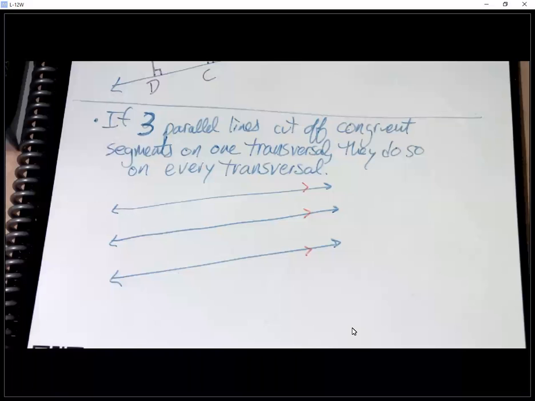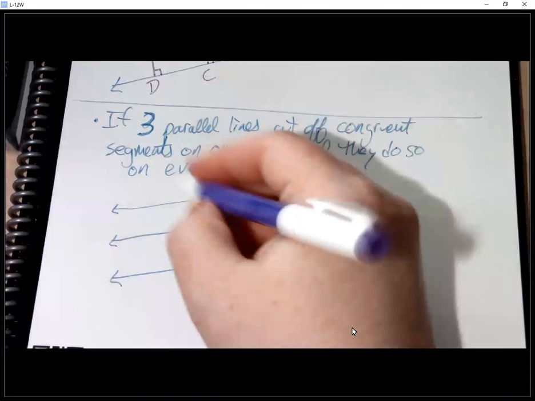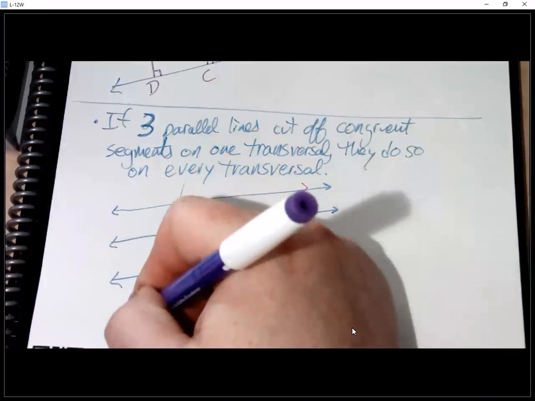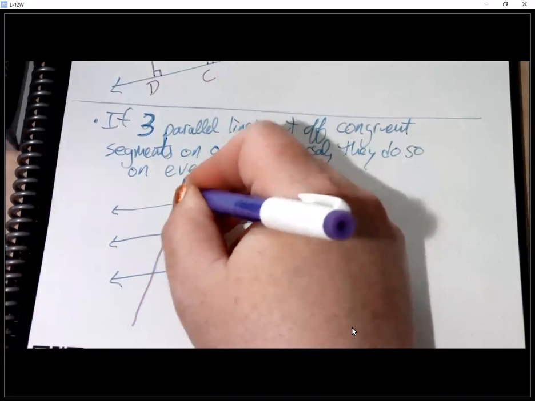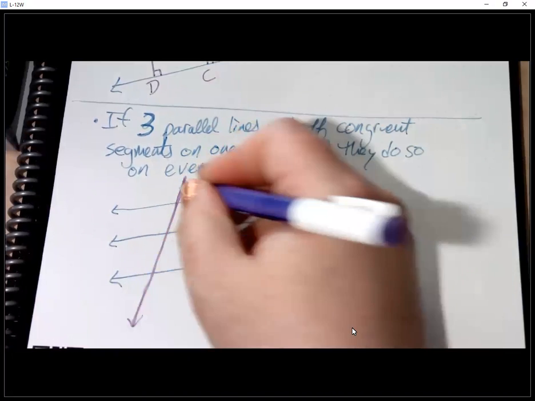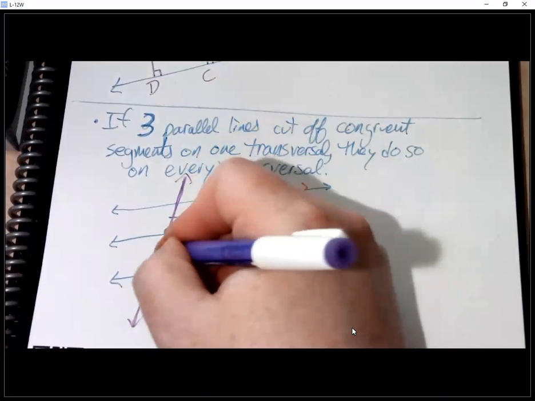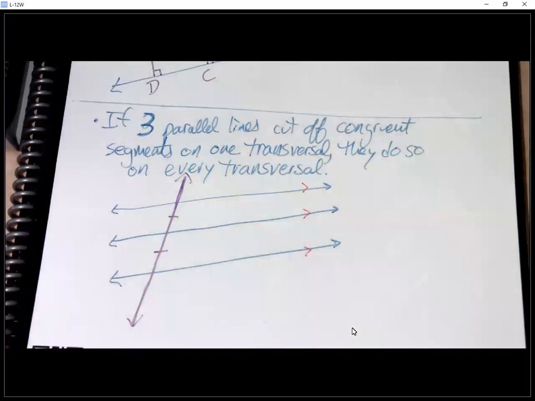And now what I need is a transversal, and I need that transversal to have the pieces in between the parallel lines cut equally. All right, so if I just draw myself any old transversal here, okay, so I have my transversal. So if it is true that these pieces are equal to each other, that means any other transversal you draw across these same three lines is also going to be cut equally.